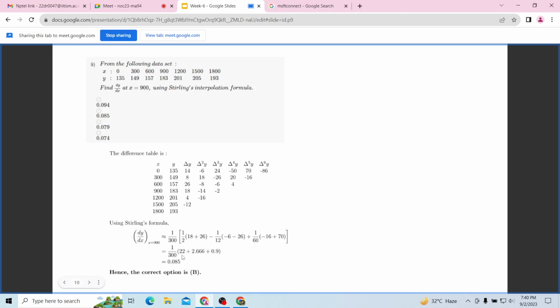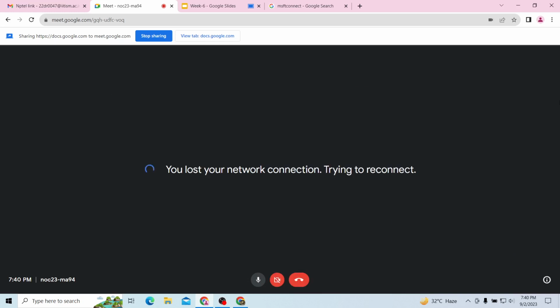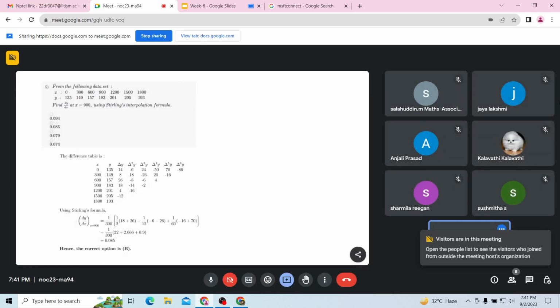If you just substitute the values in the formula, you'll simply get 0.085. Now, shall we move to the next question?